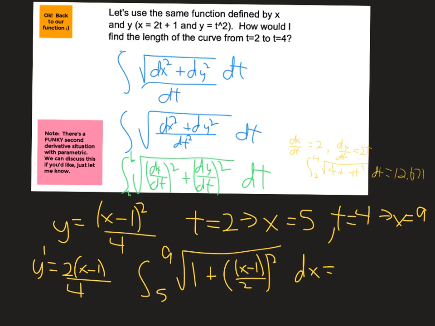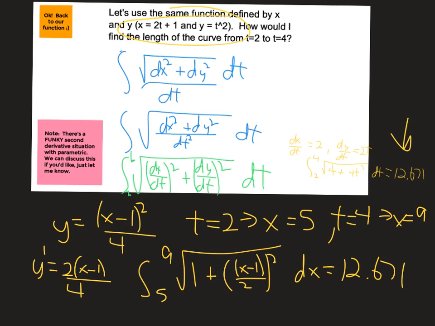Will I get the same answer? I'm sure hoping so. So let's see. Yes, I get the 12.671 I got before. The benefit of doing it with the parametric, however, is that we don't have to solve for and write this in terms of y and x. Just makes life a little bit easier.